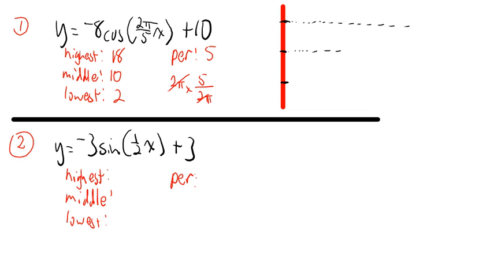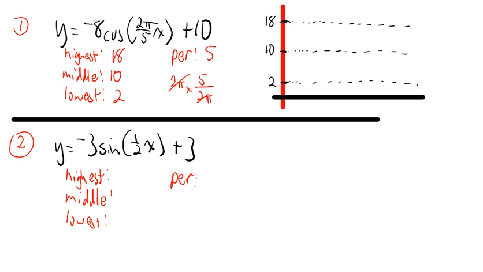I got a highest, a middle, and a lowest. My highest is 18, my middle is 10, my lowest is 2, and that means now my y-axis is down here.